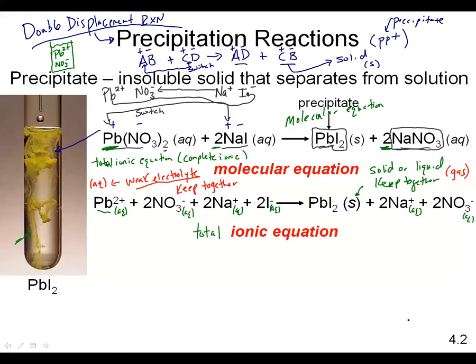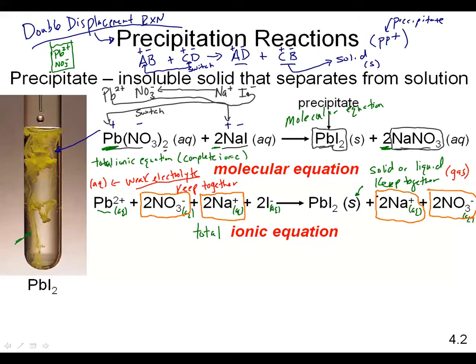In this particular case, on the left-hand side of the arrow, we have 2 nitrates, and that looks exactly the same as our 2 nitrates over here. We also see 2 sodiums on the left-hand side, which look exactly like our 2 sodium ions on the right-hand side of the arrow.